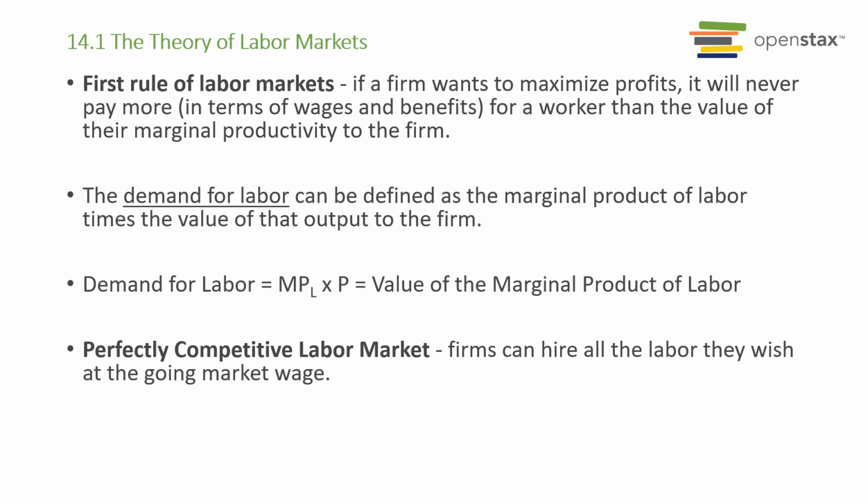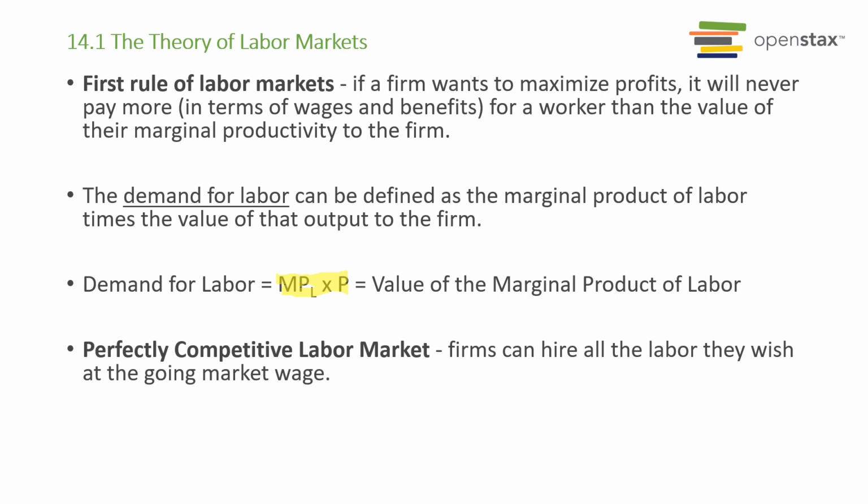Now, this value is determined by this formula here. It's your marginal product of labor times the price of the product. Think about how many goods this person can produce, multiplied by how much each good can be sold for. That is the value of this last person you hired. So again, going back to my chicken fried rice business, suppose this last worker can produce an additional 10 orders of chicken fried rice, and for each order I can sell it for $10.